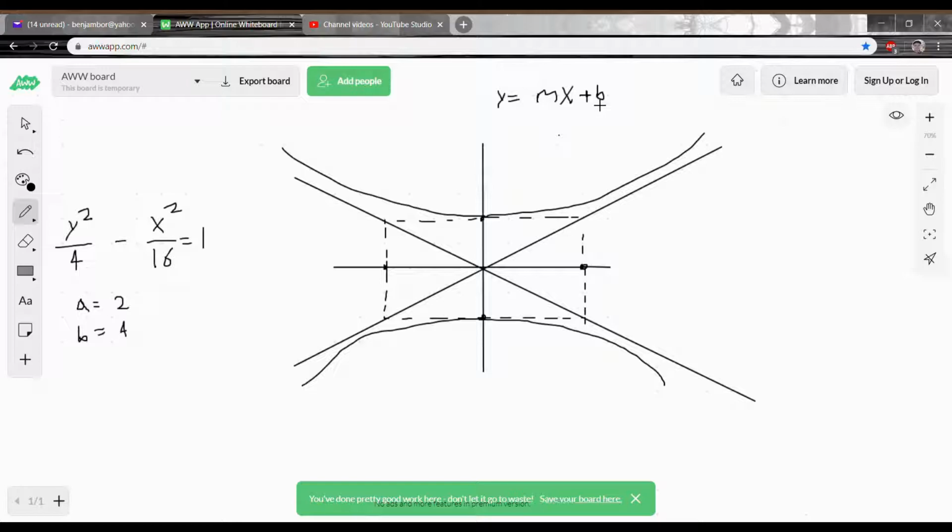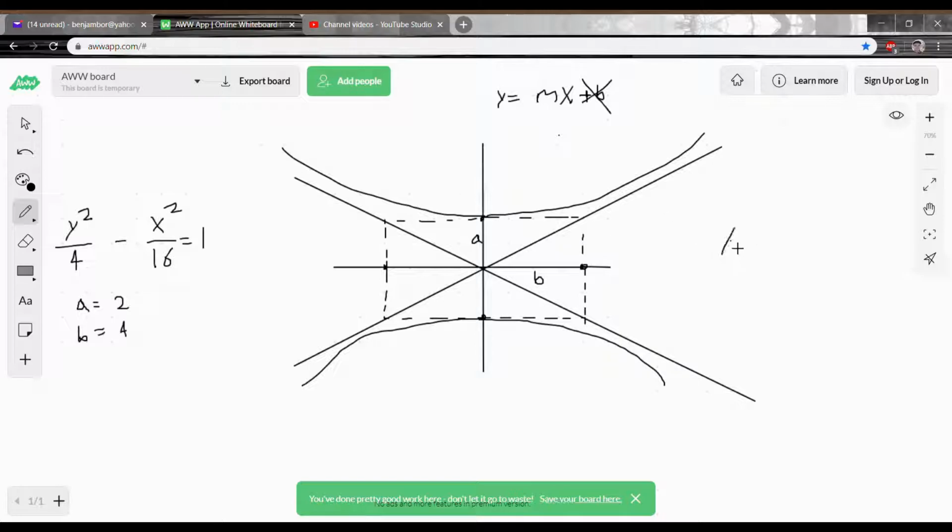These particular asymptotes go through the origin. That means the y-intercept b is 0. So we're left with just y is equal to mx, and we know that the slope is rise over run. In this particular problem, we have a rise of a and a run of b.